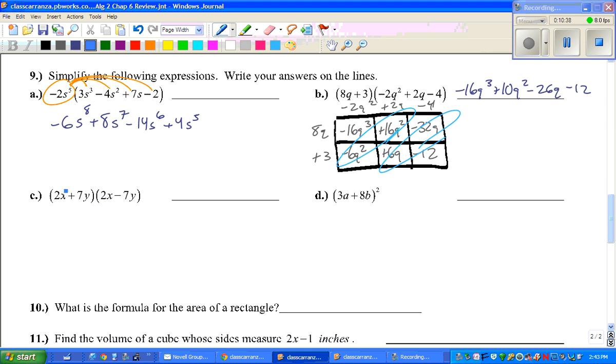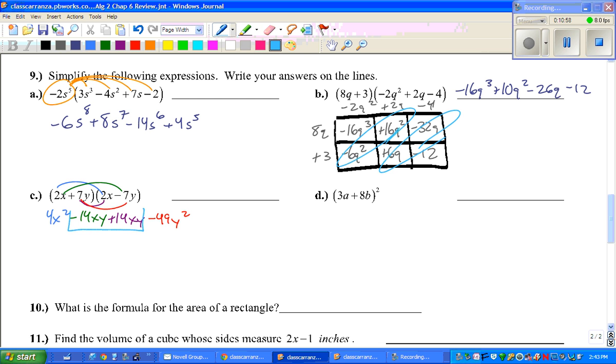Okay. For C, we would FOIL the 4x squared minus 14xy plus 14xy minus 49y squared. Okay.